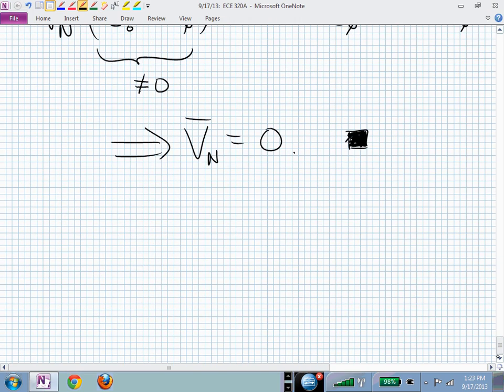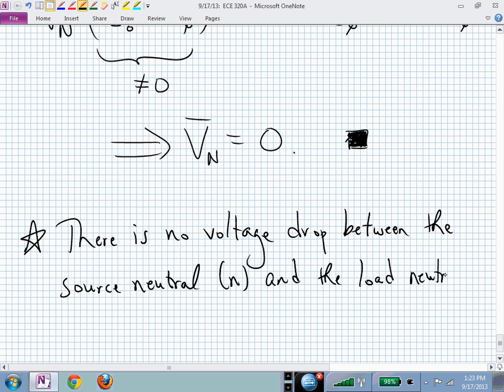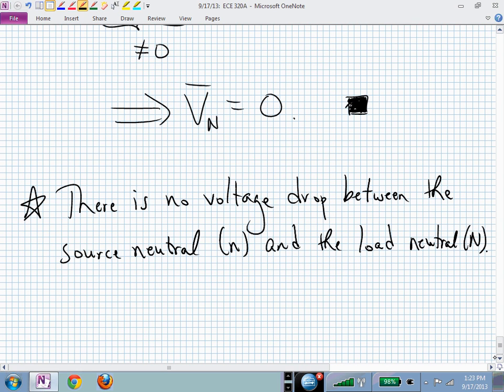The fact that V sub n is equal to 0 says that there is no voltage dropped between the source neutral, which we were referring to as little n, and the load neutral, which we were referring to as capital N. And if there's no voltage drop between 2 points, there's no potential, there's no current flowing, is there?